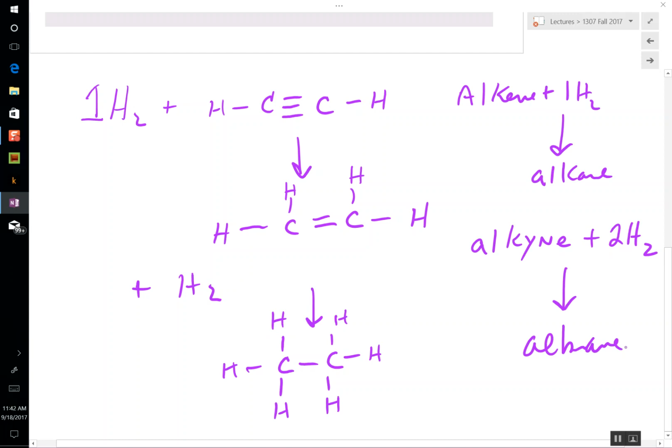You see that acetylene is lacking 4 hydrogens. You are not going to saturate it with 1 molecule of hydrogen. You need another one to get it all the way. So just reacting with 1 hydrogen gets you to the alkene. 2 hydrogens gets you to the alkane.